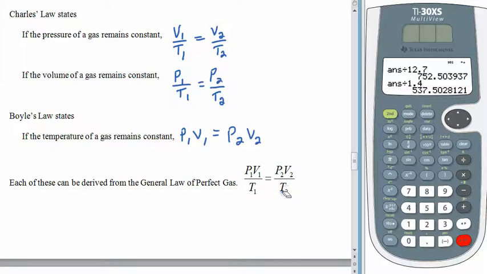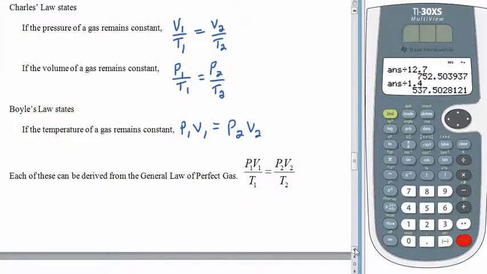Let's do that again. If the pressure stays constant, there you go, one of Charles's laws. So you see, that's kind of nice. The general law of perfect gas is all you need, and then that concept that if one of those quantities stays constant, we just eliminate its presence from the equation.